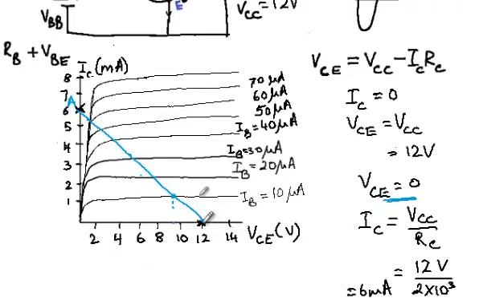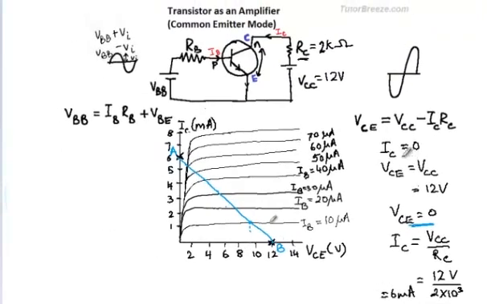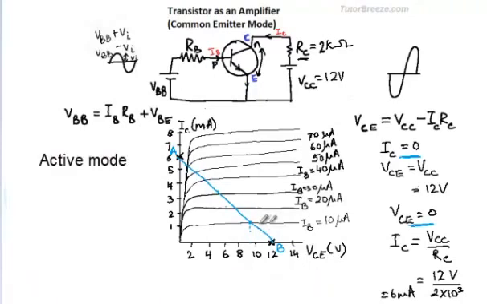Suppose I now move the operating point to the other extreme end, which is B. At point B, IC is equal to 0, which means the transistor is in cutoff mode. So you can see that there are two extremities. At A, it is in saturation mode. At B, it is in cutoff mode. And in between, the transistor is in active mode.